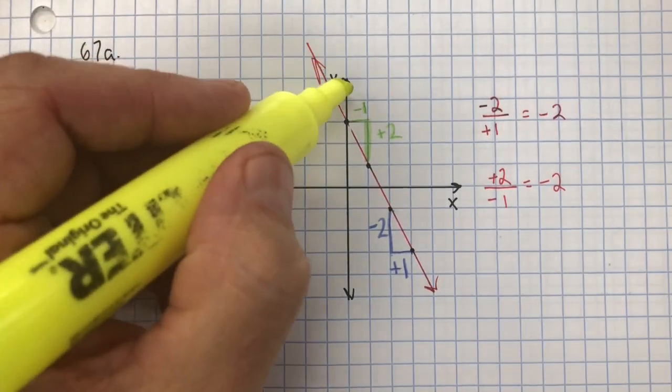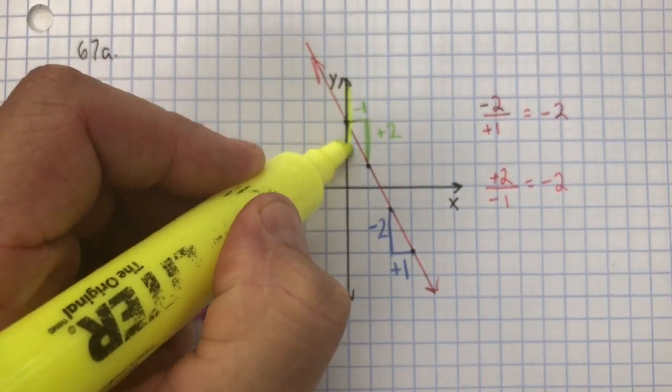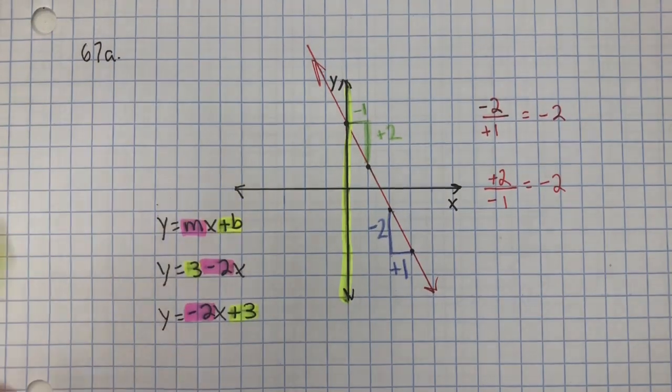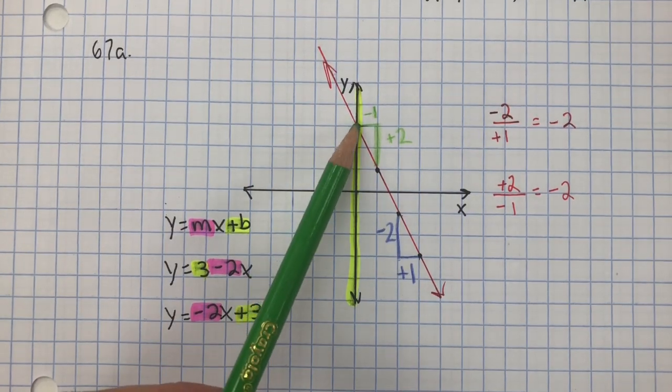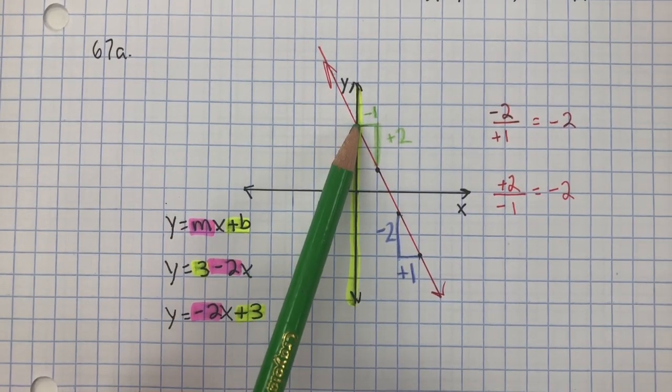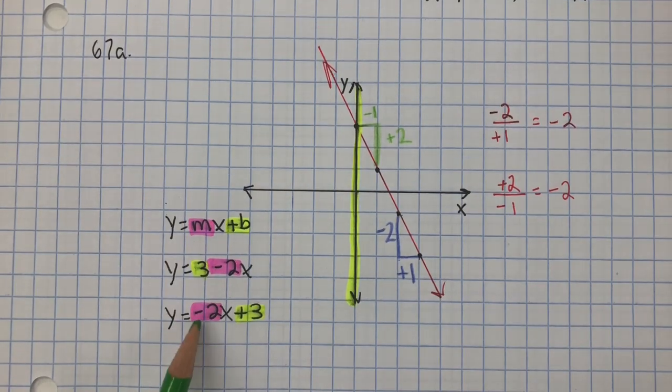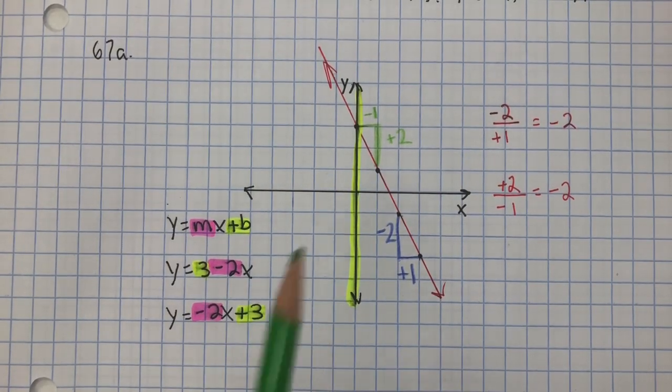So on the y-axis, that's where we'll find the y-intercept, or the initial value. So when y equals negative 2x plus 3, our initial value, y-intercept, is right here. And from there, we have a negative 2 growth rate.